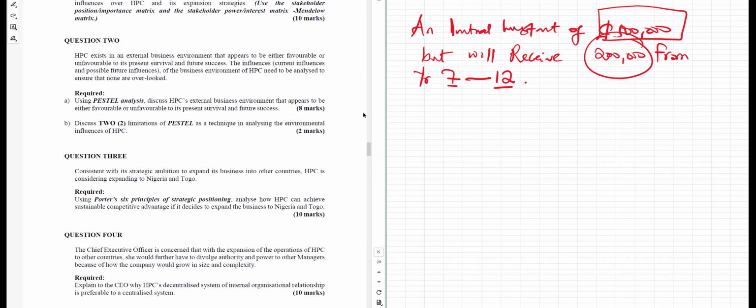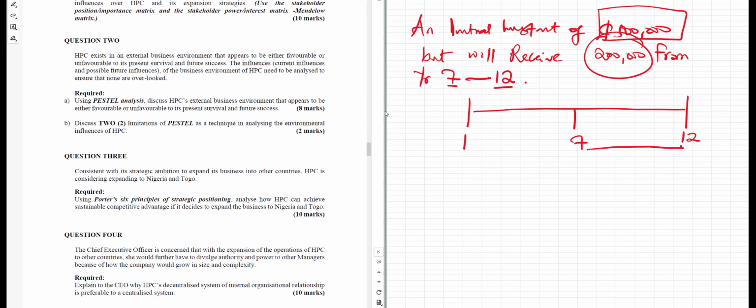That means on a normal scale, it is a 12-year period. But then I only need 7 to 12. So if I need 7 to 12, that means 1 to 6 must be cancelled. So just find the annuity for the whole 1 to 12.